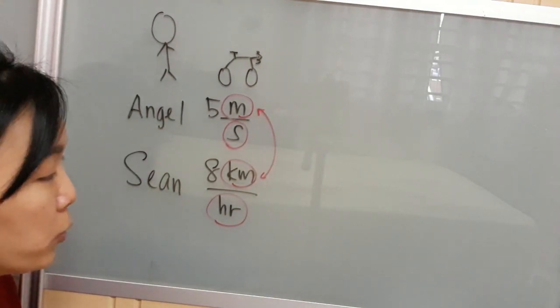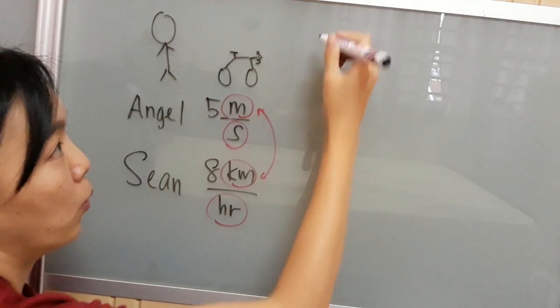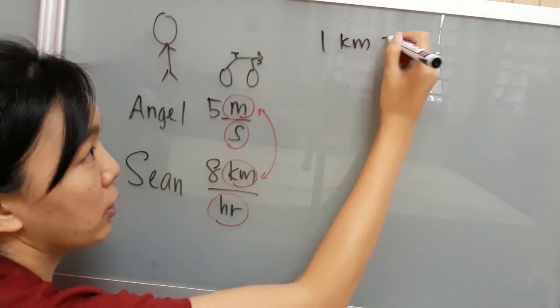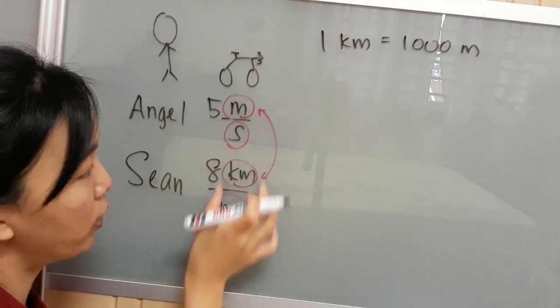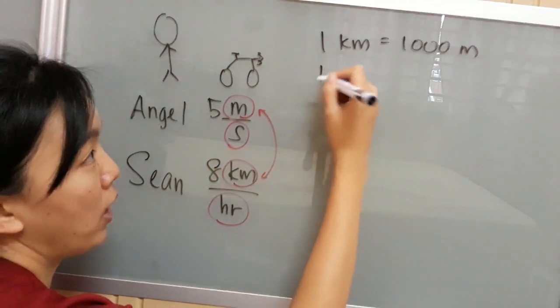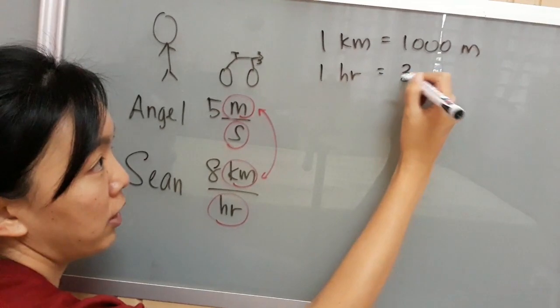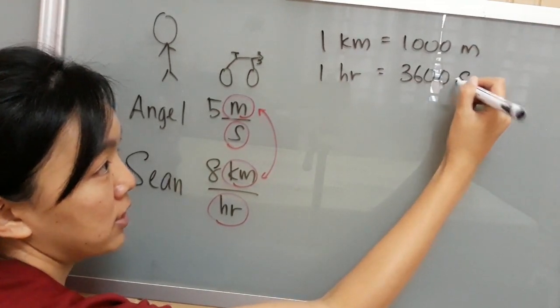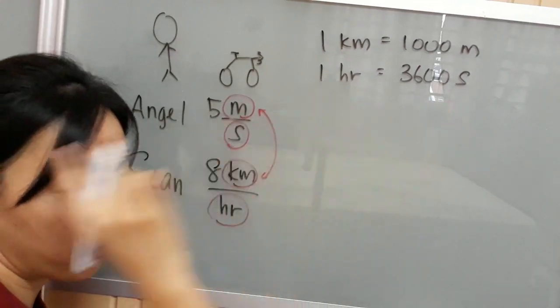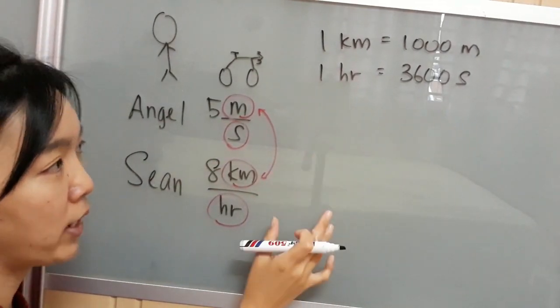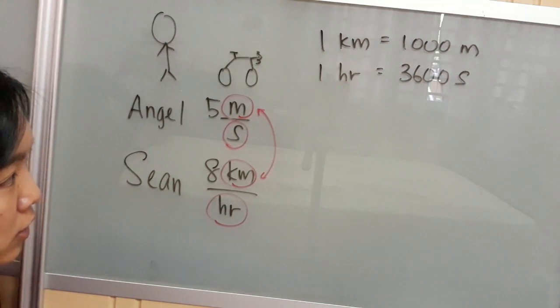From primary school, we learned that 1 km equals 1000 meters. And 1 hour equals 3600 seconds. So this you have to really know by heart. You have to remember it. Then only you can come here for the conversion.